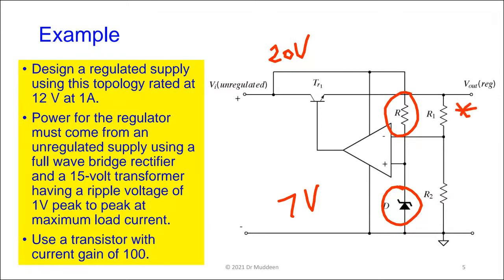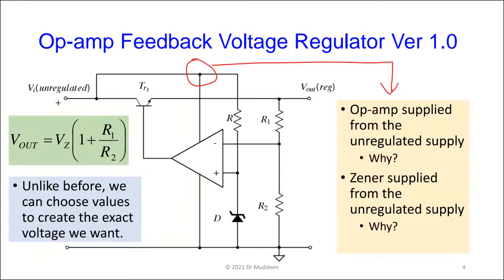The next thing you do is these two things here. If I have 7 volts at this point here, the calculation now is to give me 12 volts here. So here's 7 and here's 12. Remember I have this equation from before. Go back here and plug this in. I know this value is 7. I know this value is 12.